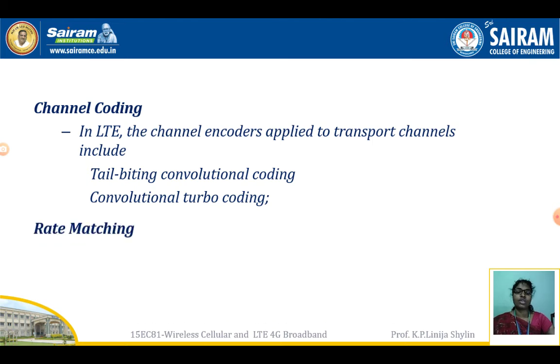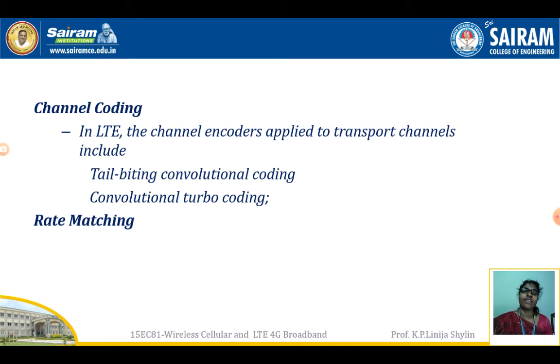Let us see what rate matching is. The main task of rate matching is to extract the exact set of bits which is to be transmitted within a given TTI. TTI is nothing but transmission time interval.